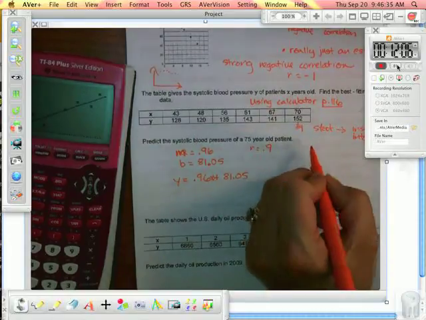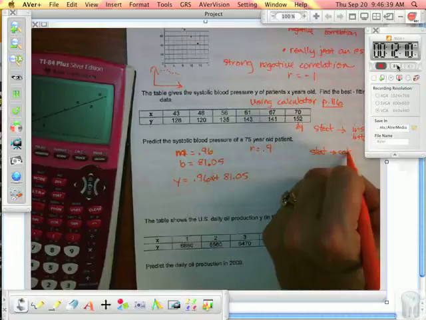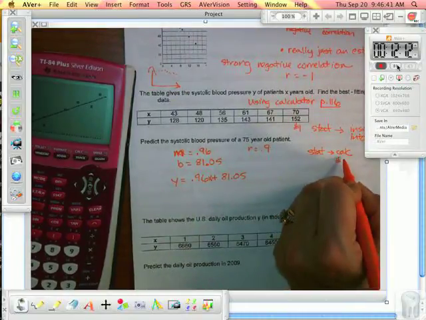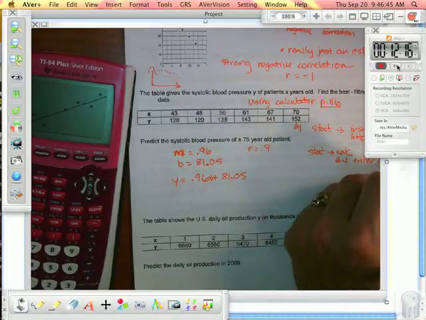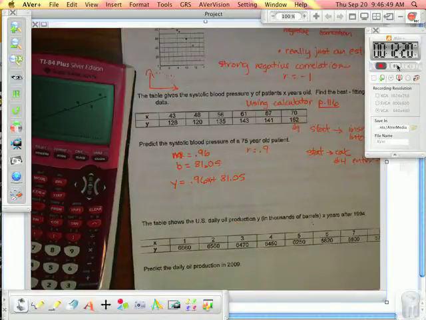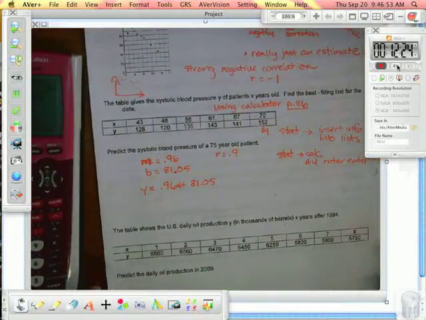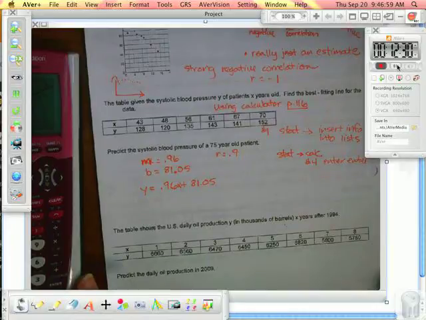Then you go to Stat, Calculate, number 4, Enter, Enter. These are your steps to get your M and B, or your A and B. You can turn your diagnostics on if you want the R.